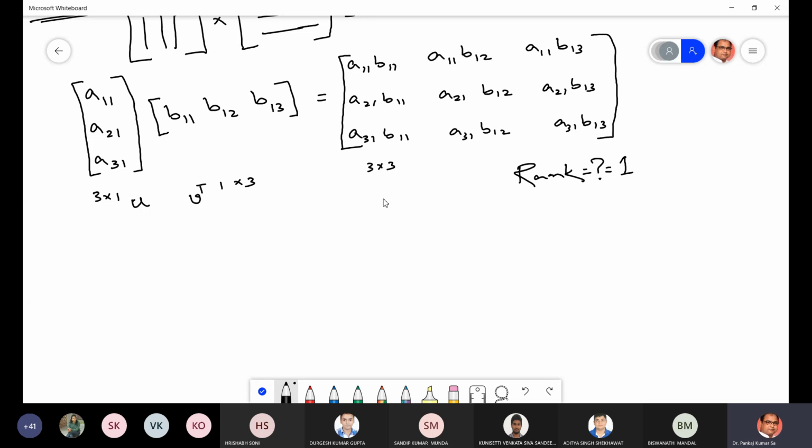So this is U V transpose. Look at the columns of U V transpose. What are they? The columns of U V transpose are multiples of one particular vector, that is U.